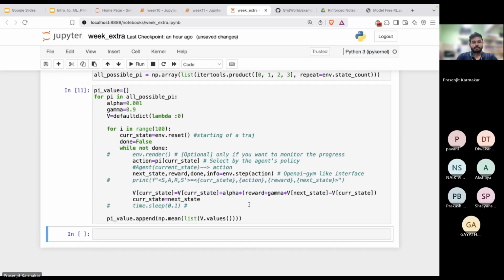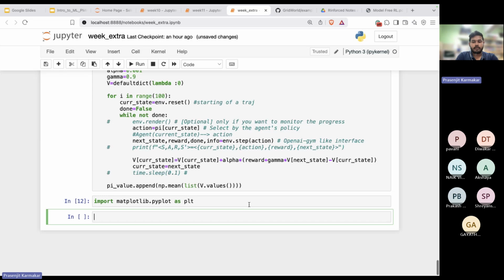Now let's plot. matplotlib.pyplot as plt, plt.plot your pi value.